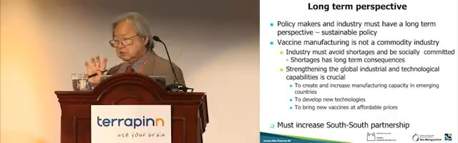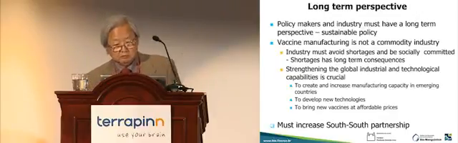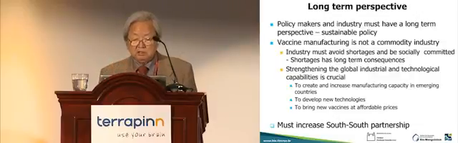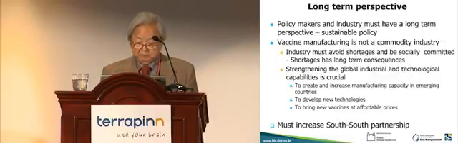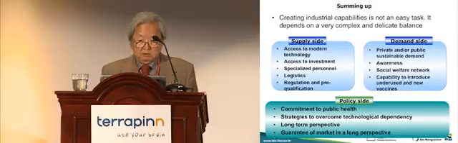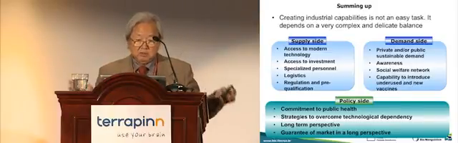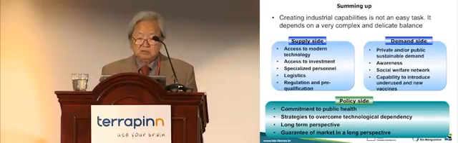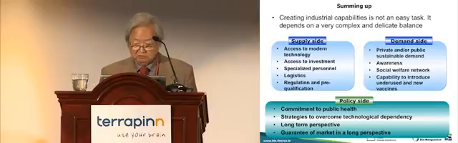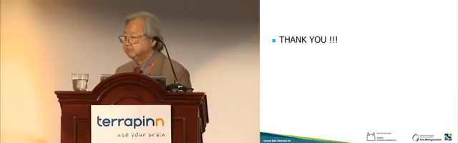This is a very important point which we think we must always keep in mind. Then we come to the last slide here, summing up and showing all the issues I have shown. Thank you very much.